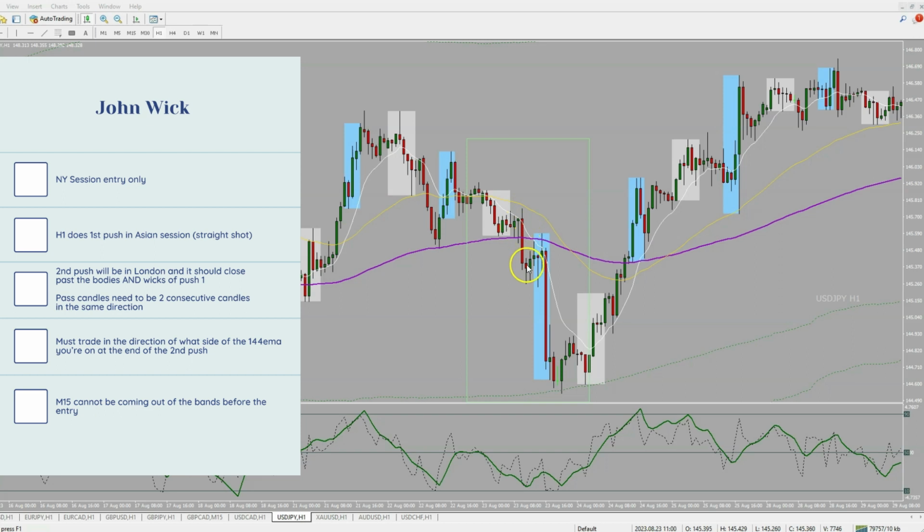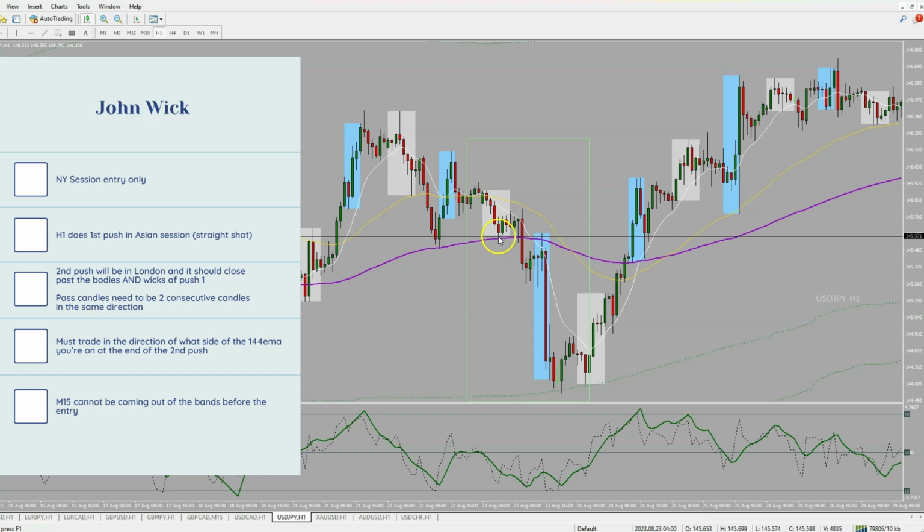The next thing you need to see, and this is very important, you need 2 consecutive candles to break through the entirety of the Asian session move. So you need to put a line in this situation at the lowest point in your Asian session move, which is going to be right here, or the lowest point of that push down.